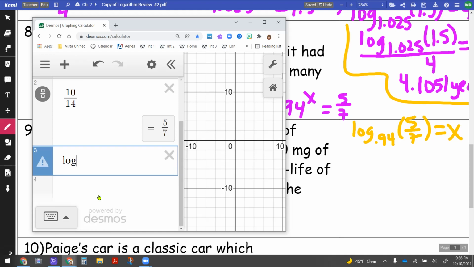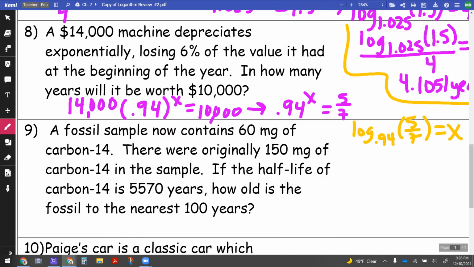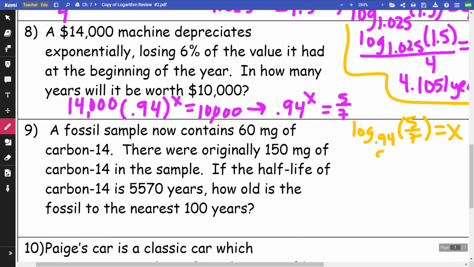I take log base 0.94 of 5/7, and I get 5.4379 years.